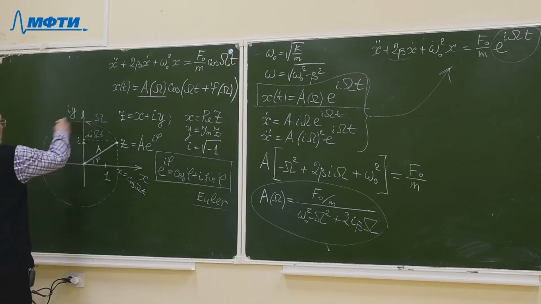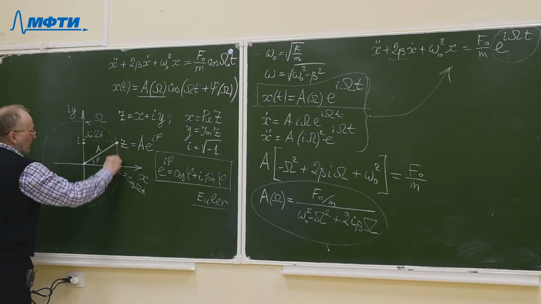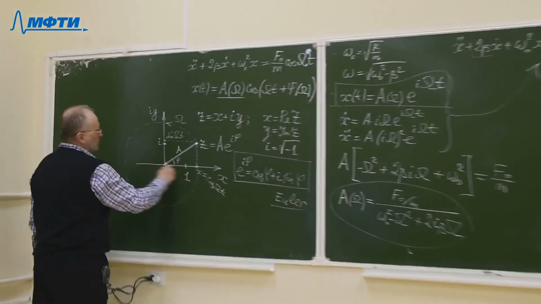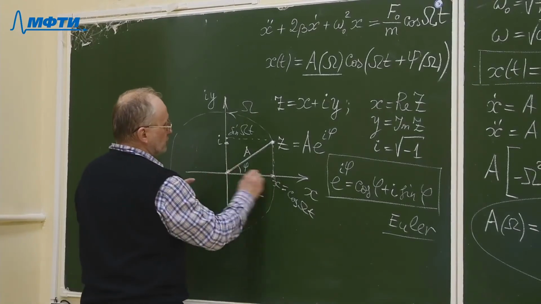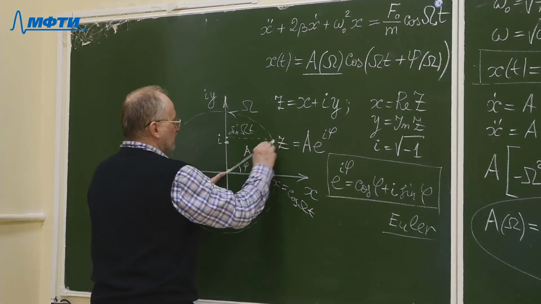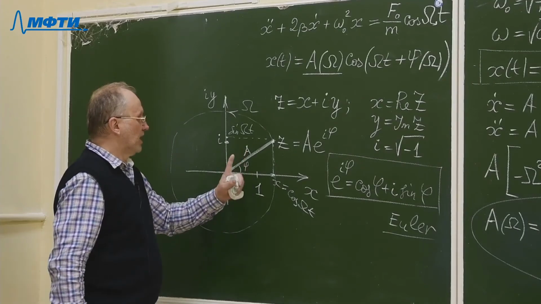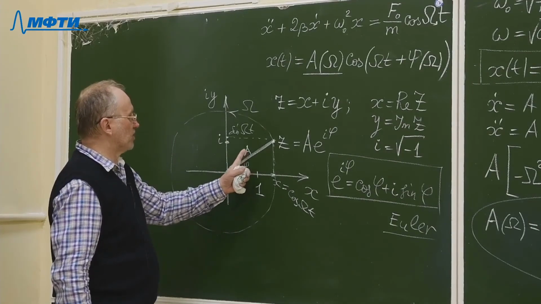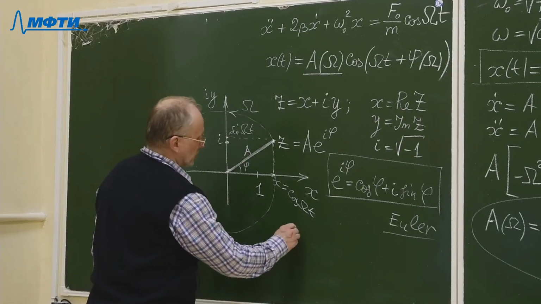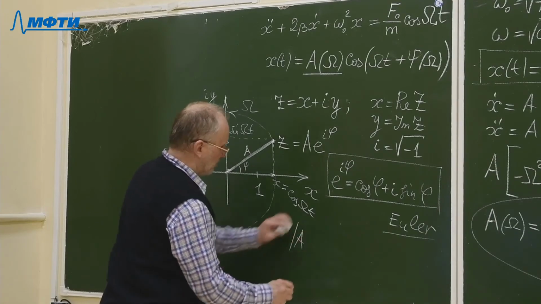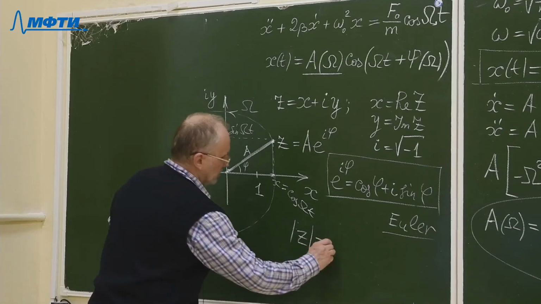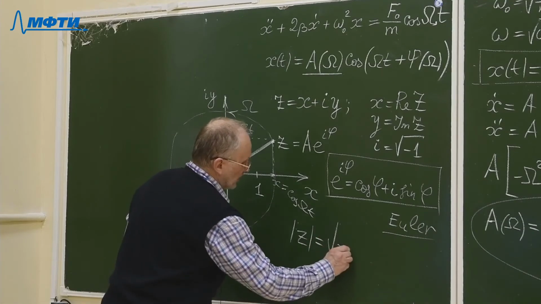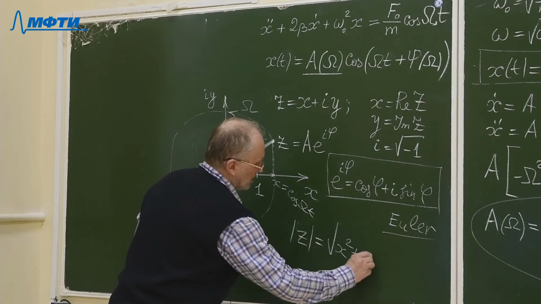So if it's rotating, then its coordinate will be changing, its x-coordinate will change. And what will be the amplitude of this change? The amplitude will coincide with the amplitude of the complex number. And in order to find the amplitude A of the complex number, I will put it in this way: the amplitude of z will be the square root of x squared plus y squared.